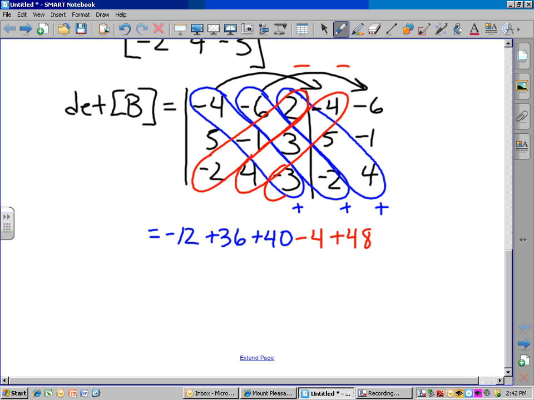And then the last diagonal, again, we do have a negative 3 and a negative 6, that makes it positive. And then we will subtract it. So 30 times 3 is 90. So minus 90. So let's go ahead and add those up. If you need to use a calculator, that's fine.